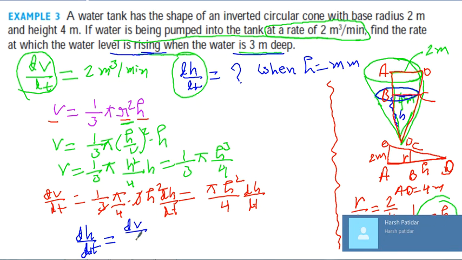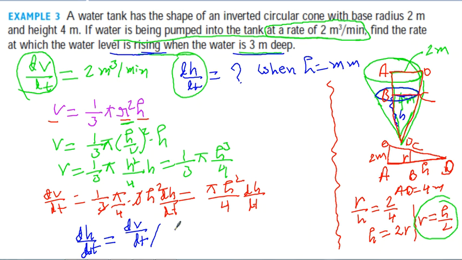dH/dt will be equal to dV/dt multiplied by 4 and divided by πH². And dV/dt I know is equal to 2. So dH/dt is 2 into 4 upon π, and the value of H we can put now or later on also.